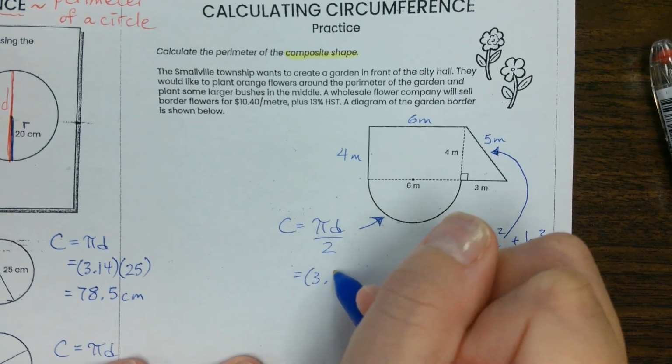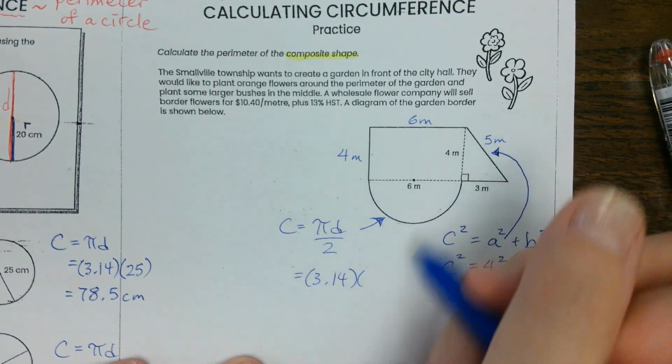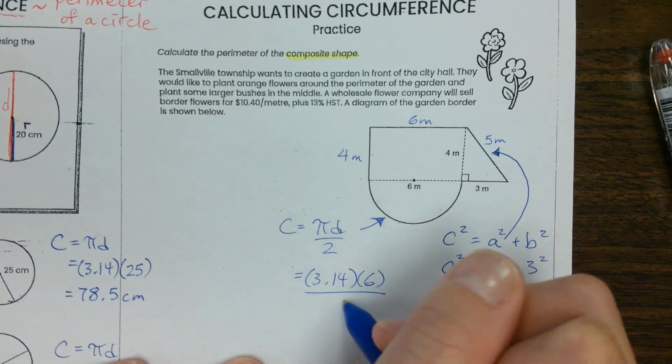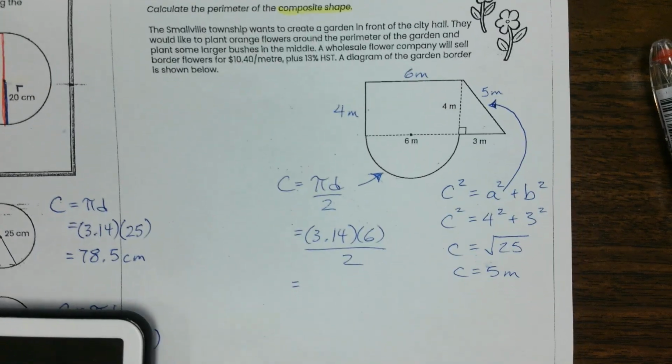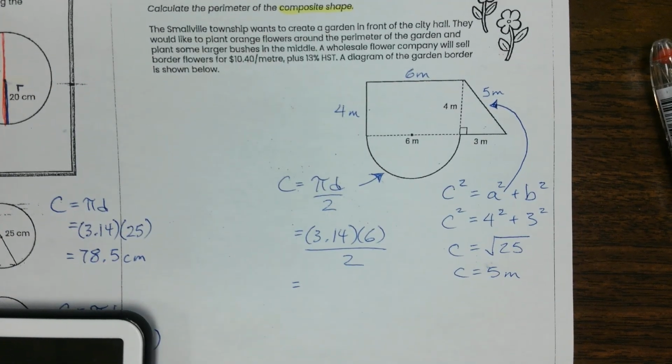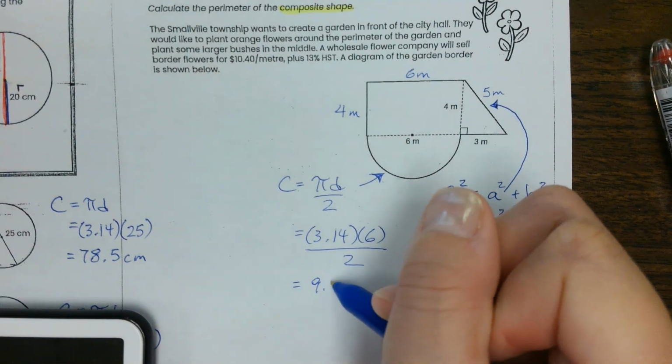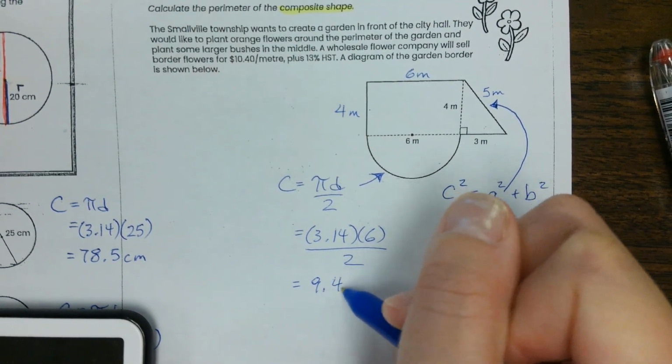So 3.14 times diameter, which is 6, divided by 2. So you get 3.14 times 6 divided by 2, 9.43. So we'll just say 9.4 meters.